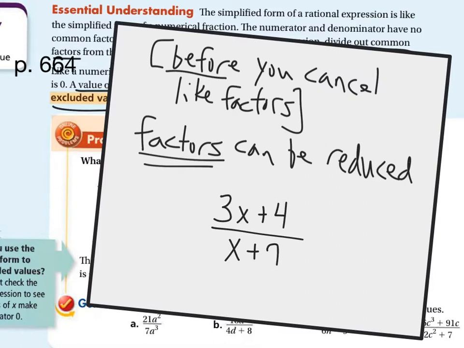And then they'll look at that and say, oh, they both have x's, let's cancel out the x's. Well, the x's are not factors. Those aren't things being multiplied. There's things being added in the numerator and in the denominator. So those are not factors, and therefore we can't reduce those. We'll talk more about that as we go through this.